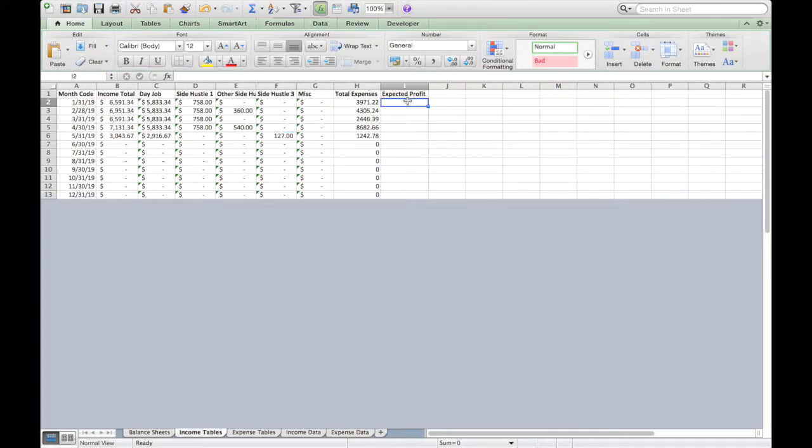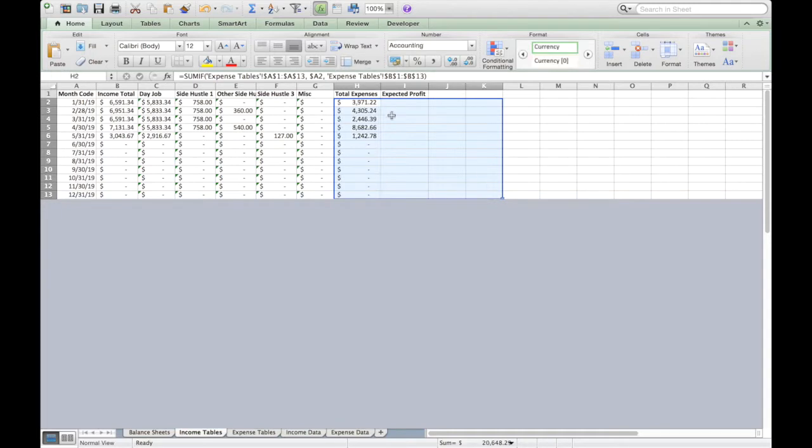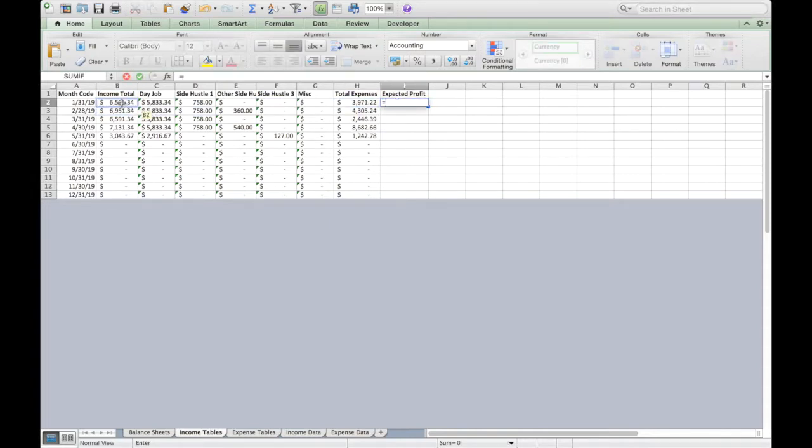Income tables. What's my expected profit? Look, guys, I made that much money and I expended that much money. Without the discretionary expense, here's my profit per month. Enter. There's my expected profit.